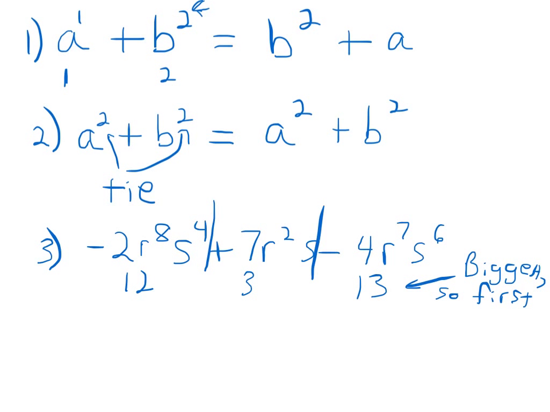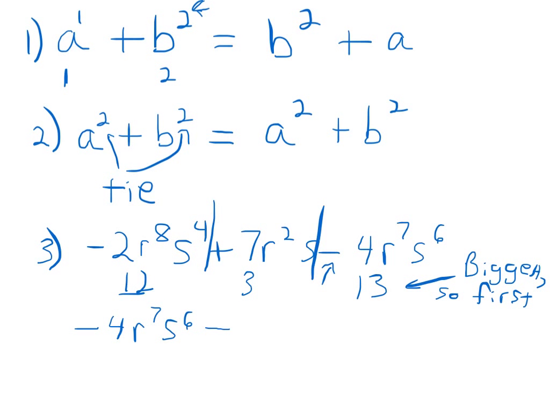Okay. Now the other really important thing is you have to keep this sign. It is minus 4 r to the 7th s to the 6th. So instead of writing minus, if I put it at the beginning, it's going to be a negative 4 r to the 7th, s to the 6th. What came next? Well, this was next with a degree of 12. It was a negative, so instead of writing negative, I write minus.